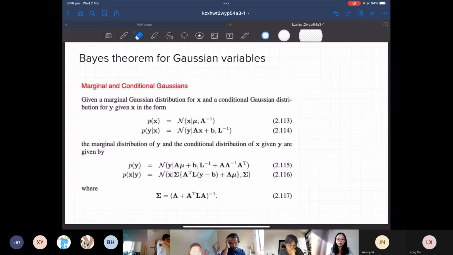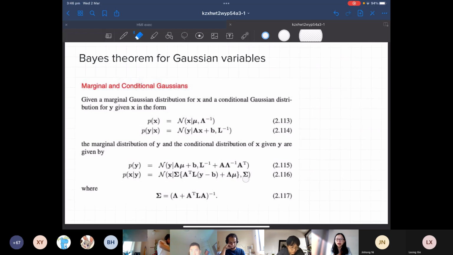Given p of x and p of y given x, we have essentially seen the forms of p of y and p of x given y. Indeed, the mu of y is the linear form of the mu of x plus essentially two of the uncertainty terms, covariance terms combined, modulated by a, which is somewhat reasonable.